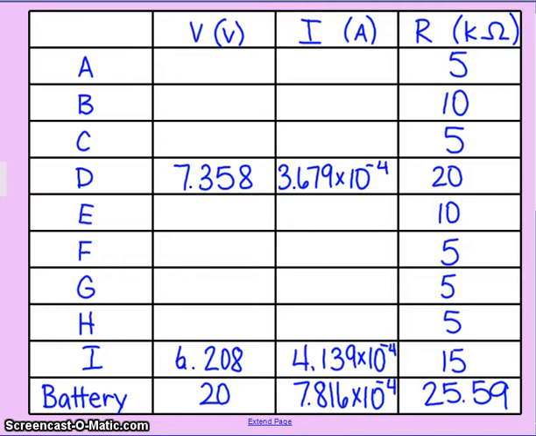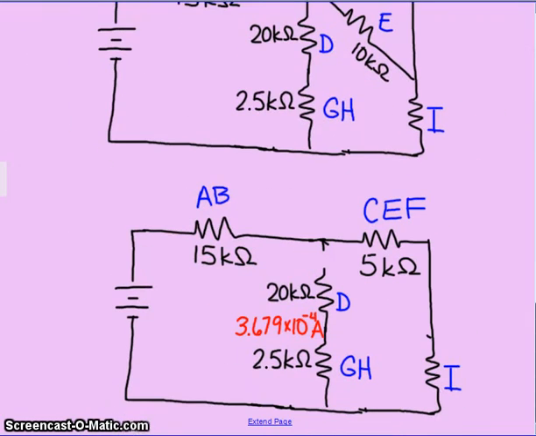Going back to my picture here, I know everything I can know about D. I don't know everything I can know about GH. So I need to find the voltage across GH.